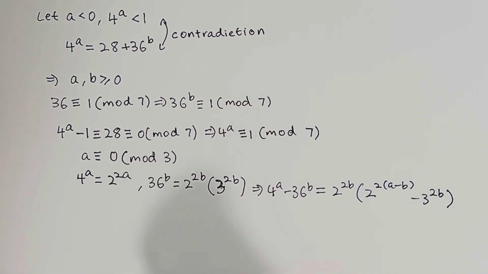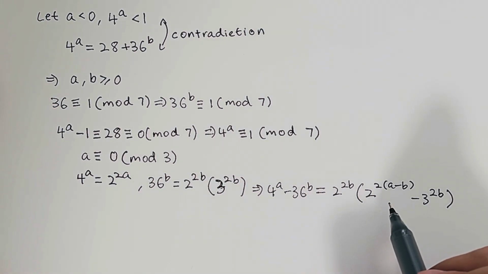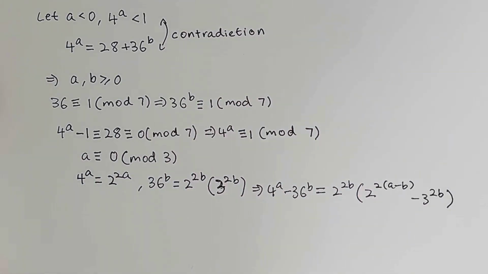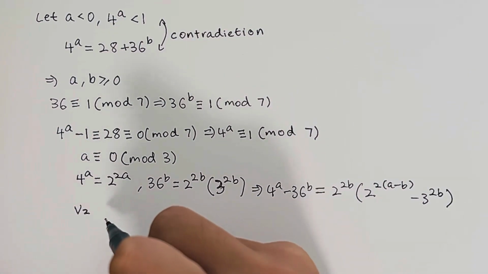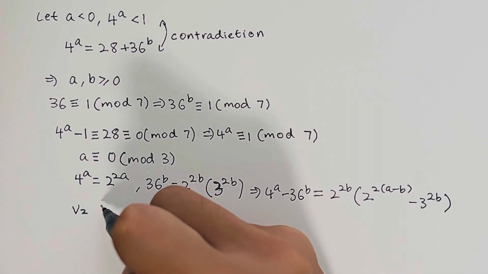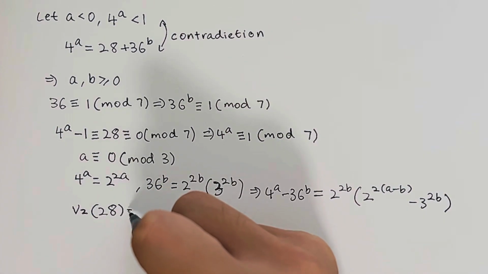The equation will become this portion equals 28, which is 2 squared times 7. And then we can consider the 2-adic valuation v2, which counts the exponent of 2 dividing an integer. On the left, we have an explicit factor 2^(2b). The bracket is an integer. It may be odd or even, but in any case, v2 of the product is at least 2b. On the right, we have v2 of 28, which equals 2.